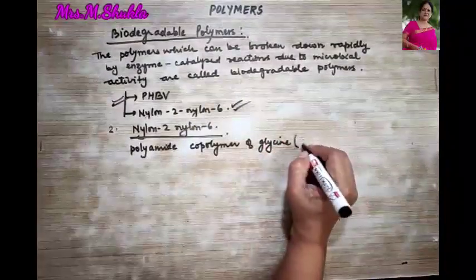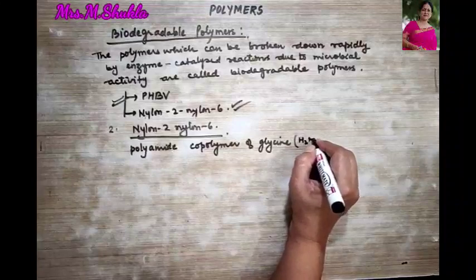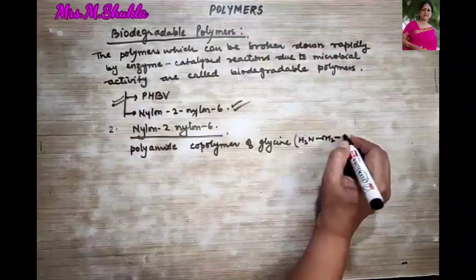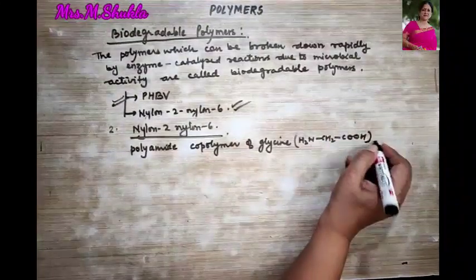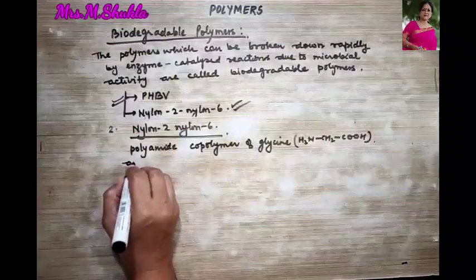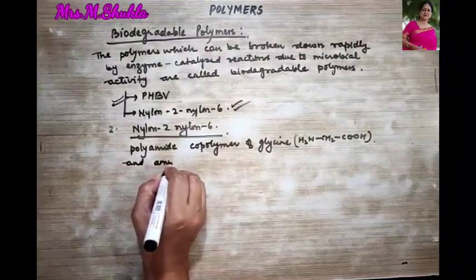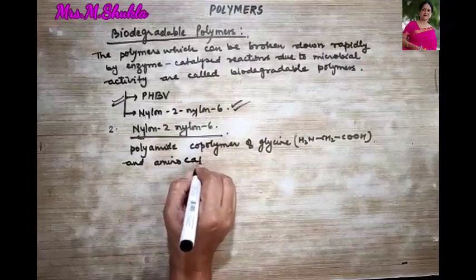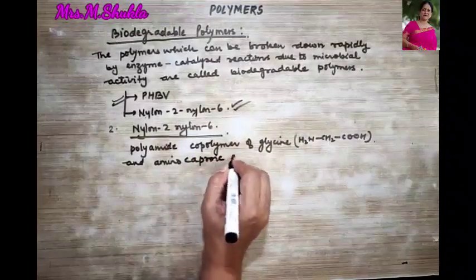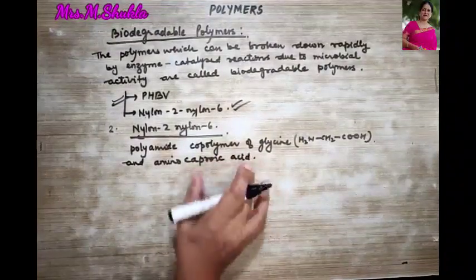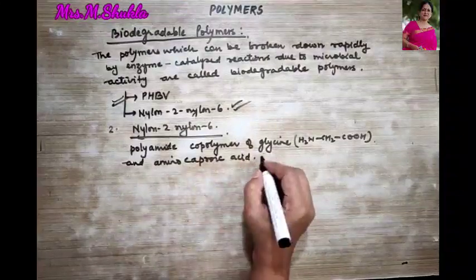And what is glycine? It is H2NCH2COOH, right?